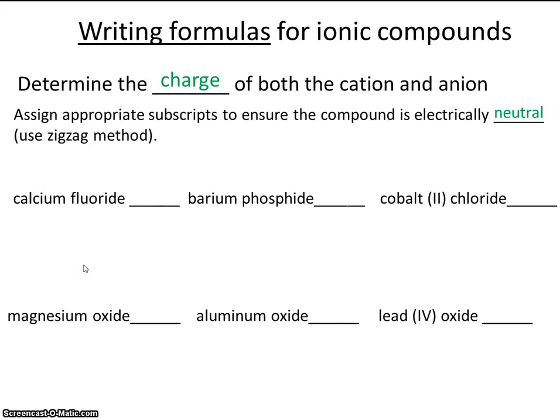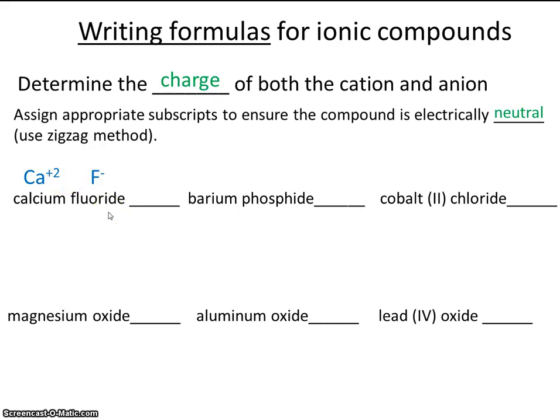So you'll need your periodic table, and remember, on top of each group, there's a number written, and that number tells you the charge of those atoms when they form ions. So for example, calcium always has a charge of +2, and fluoride always has a charge of -1.